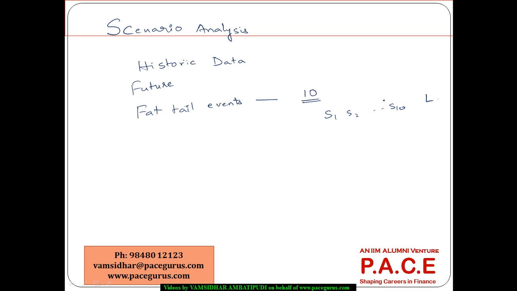Now, the scenarios are designed in such a way that they are going to reflect the future. What if the average loss is going to increase by 20%? Because all this entire approach of loss distribution, which we have built on the historic data, is purely based on the past.